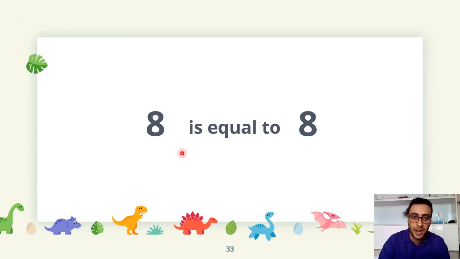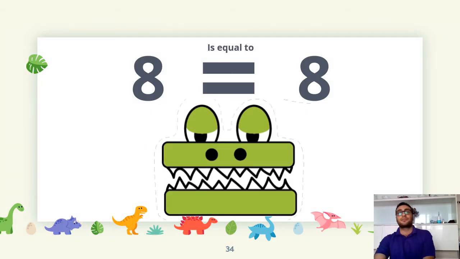Very simple, right? Repeat after me. 8 is equal to 8. Very good. Now, the symbol that we write is like this. The crocodile doesn't know what to do, so he looks at you like, hey, like this. Tick, tick.